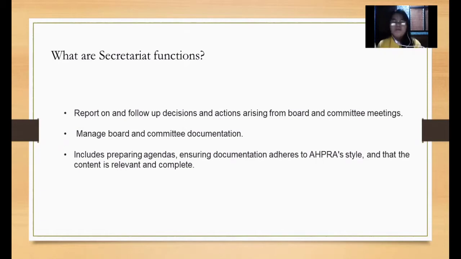So ito pong function ng mga secretariat is para po silang department or office na nagpa-follow up ng mga decisions after ng mga board and committee meetings, kung totoo po ba or final na po ba yung mga decisions na nagawa and nasabi nila during the committee meetings.